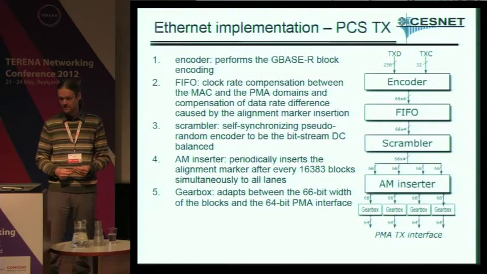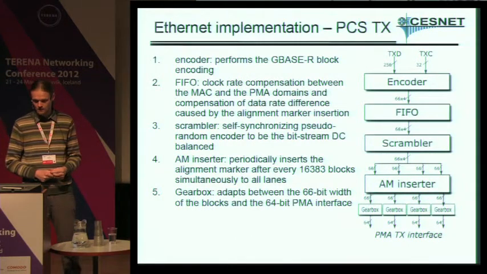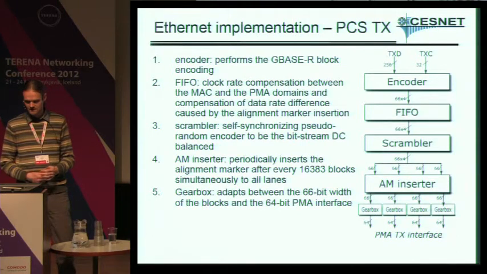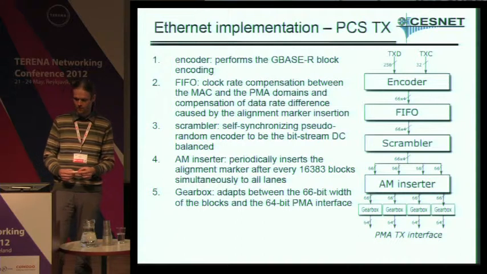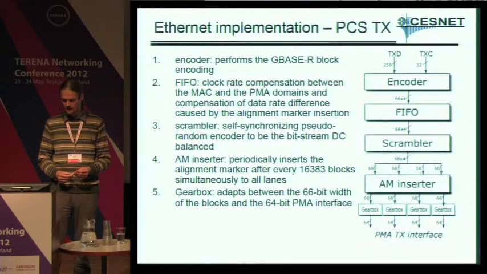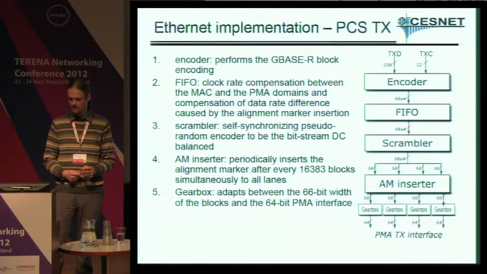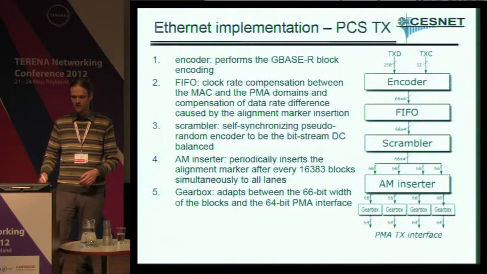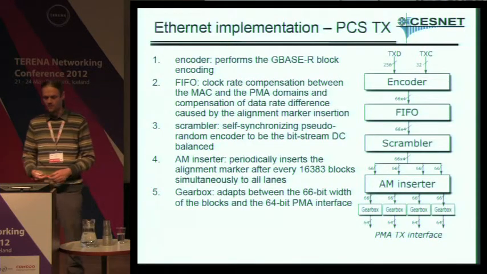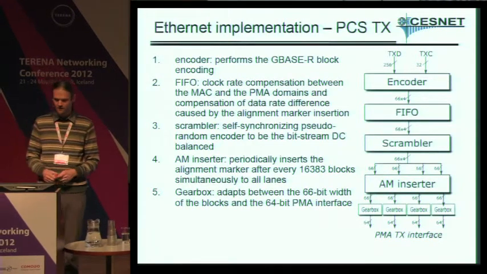So we start with encoding of the blocks to the 66-bit blocks. Then there's a 504, the rate compensation, the scrambler, which ensures that the number of ones and zeros in the bit stream is balanced on a long-term scale.